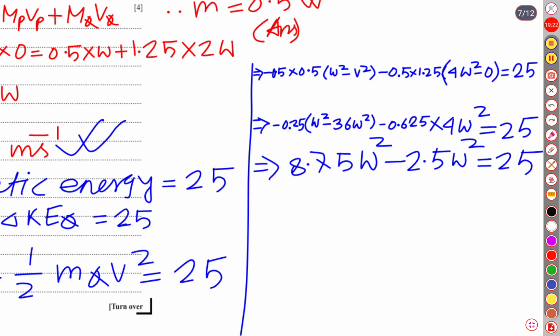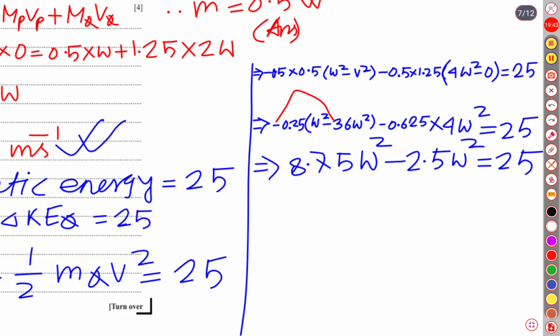Now you may raise a question: where did this minus symbol go? If we multiply this minus symbol with this minus symbol, it is getting positive, because 36 is greater, so it will be negative, negative, positive. And in the next quantity, actually there is nothing in front of the negative symbol, so it will remain positive.